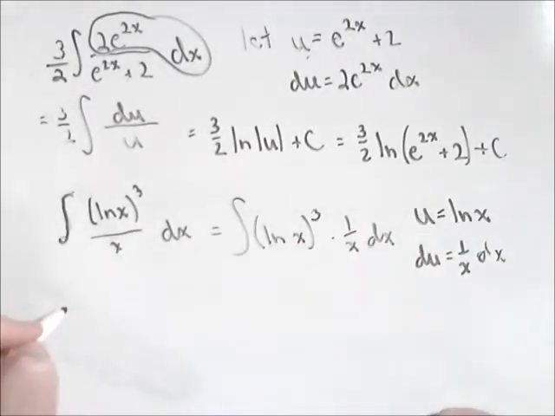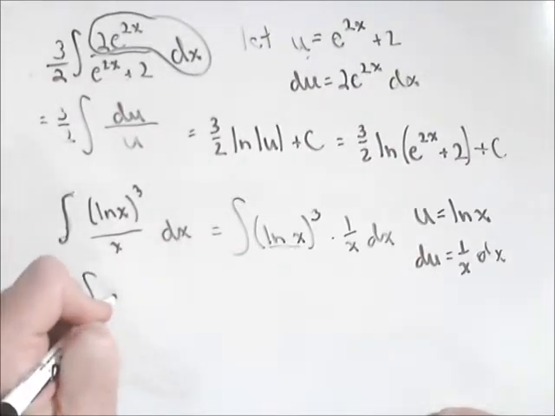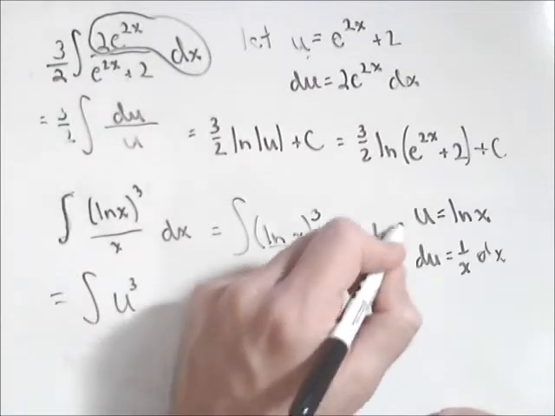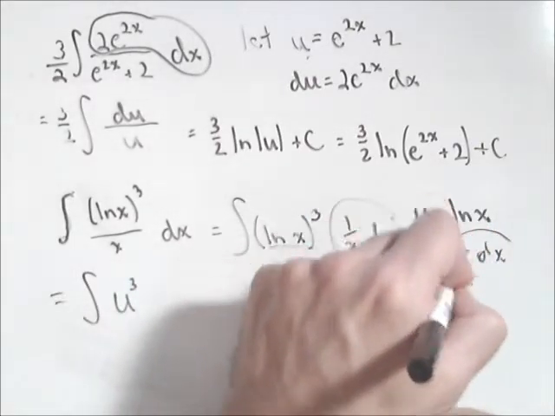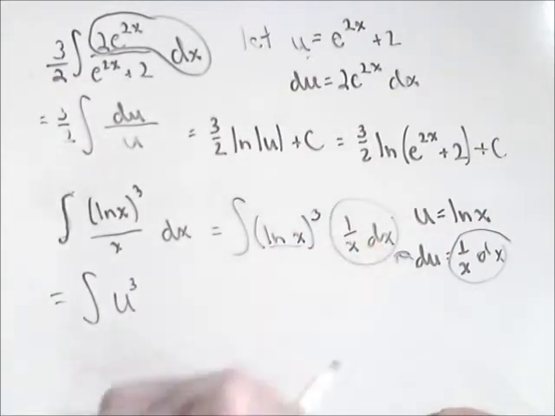So I can now sub in. This is exactly u because that's why I set it up. So I have the antiderivative of u cubed, and here is exactly right here, so that's exactly my du.